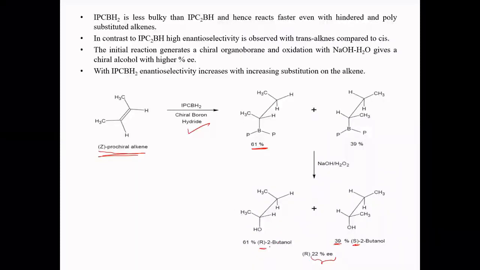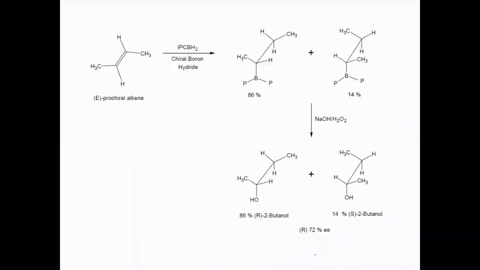Now I'm getting the R isomer. Can you observe one thing over here? Z is giving me only 22% of enantiomeric excess. Instead of this, if I take E, you can see 86% of R-butanol and 14% of S-butanol, which is giving me around 72% of enantiomeric excess.